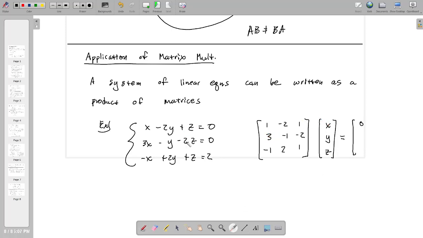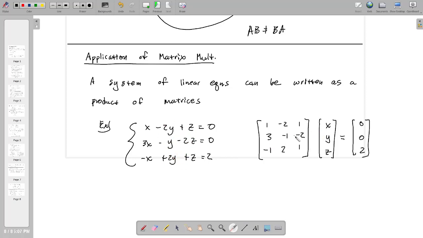Similarly, 3 times x, 3x, negative 1 times y, negative y, negative 2 times z, negative 2z, equal to 0. And negative 1 times x plus 2 times y plus z is equal to 2. So this matrix multiplication is a representation of this system.